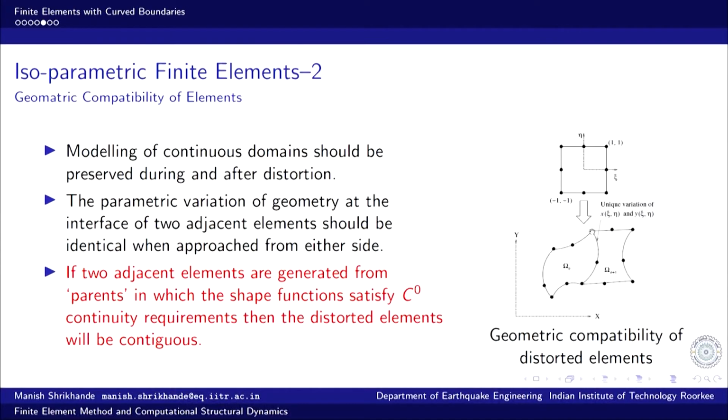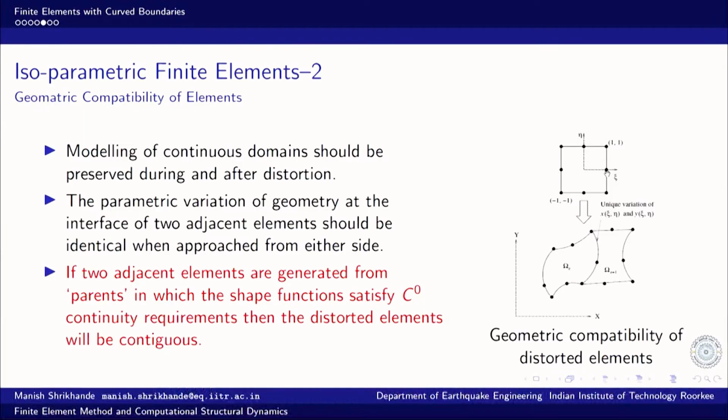continuity will be achieved. For example, in the case of an 8 noded rectangle, if we have these 3 values, u at this point, u at this point and u at this point, the 3 values are sufficient to define a quadratic variation, and that is what it will be if I evaluate at xi equal to +1 or xi equal to -1 if I come from this element.